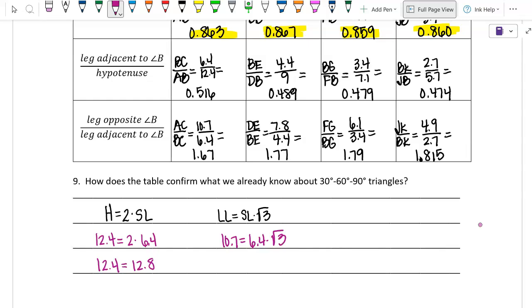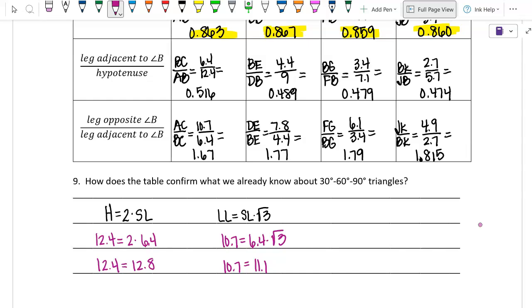And if I take 6.4 times radical 3, so I had 10.7 here, 11.1 here. Again, they're not perfect, but that comes down to me not being perfect. Are they really close? Does it show that that longer leg is a shorter leg times radical 3?